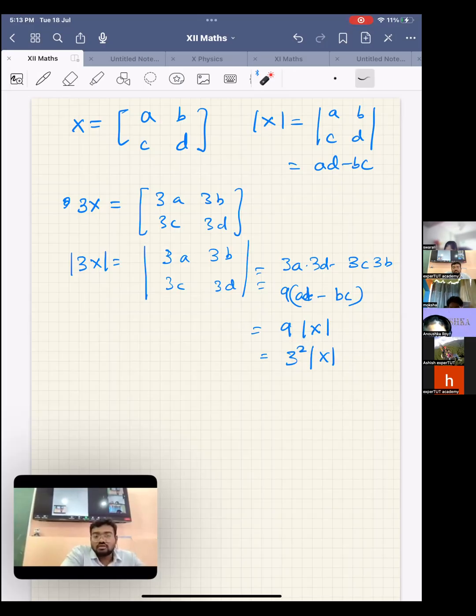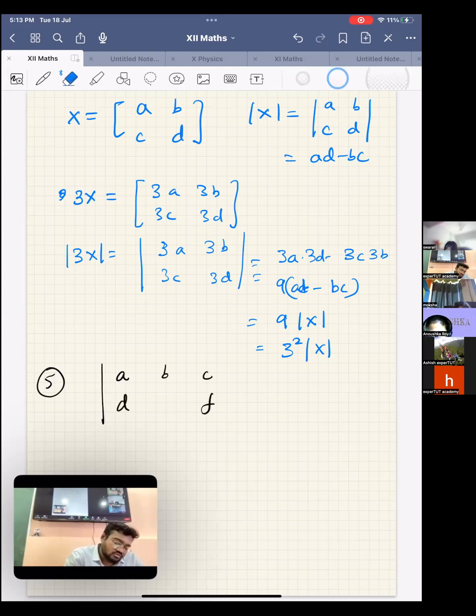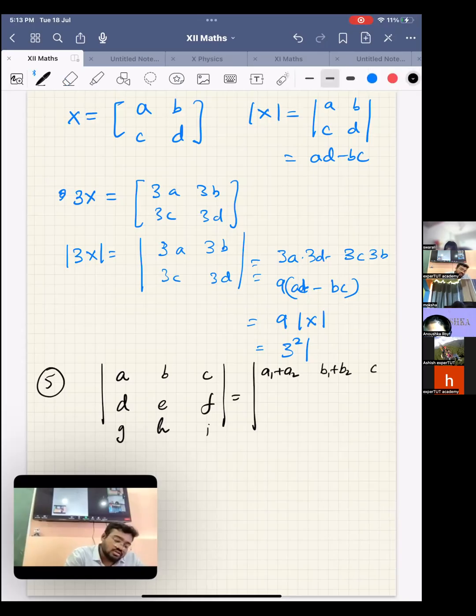This is theorem 4. Now the fifth theorem is, if you have A, B, C, D, E, F, G, H, I, this can be written where A is written as A1 plus A2, B as B1 plus B2, and C as C1 plus C2.